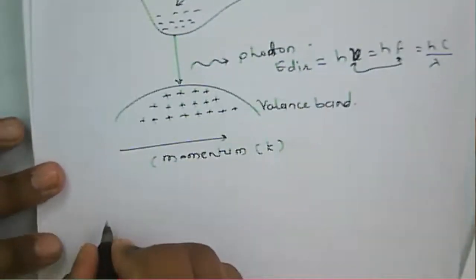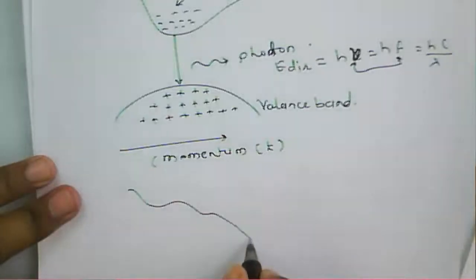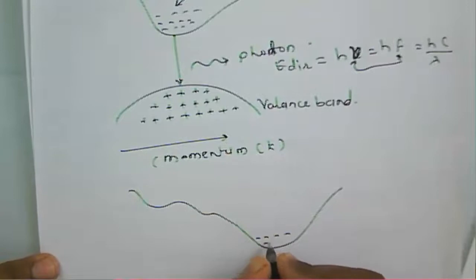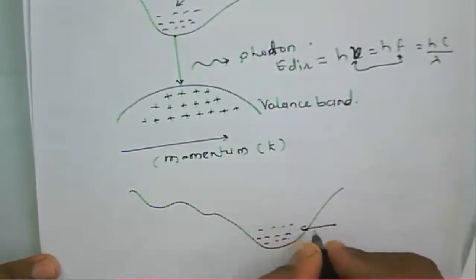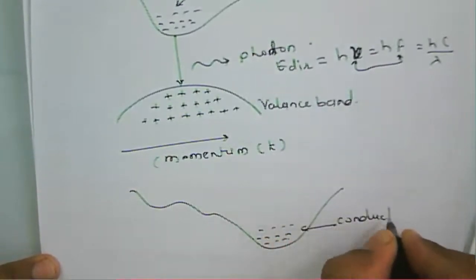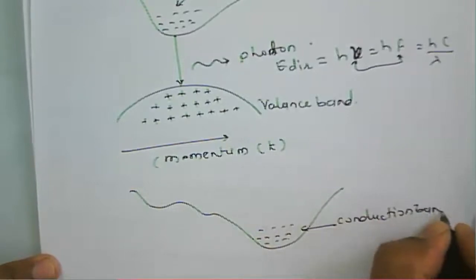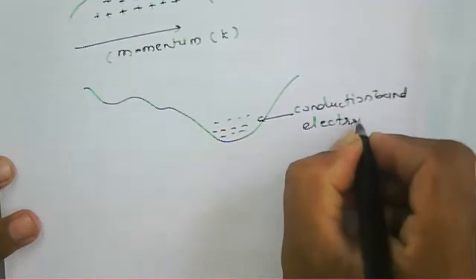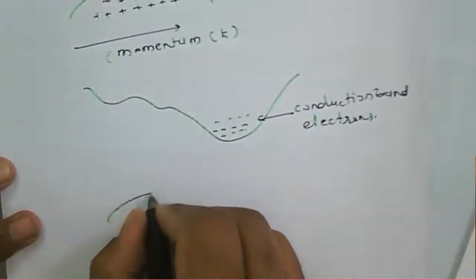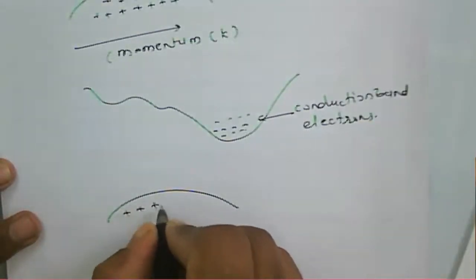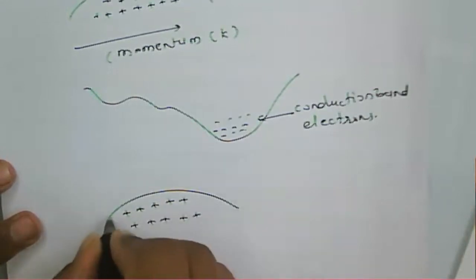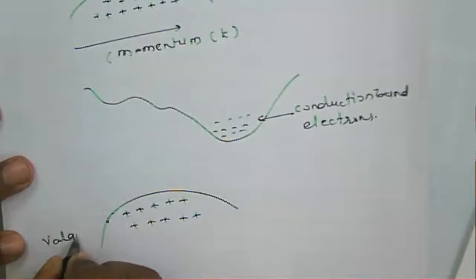But in the case of indirect recombination, we have the conduction band electrons here. This one we say a conduction band, and this one a valence band.